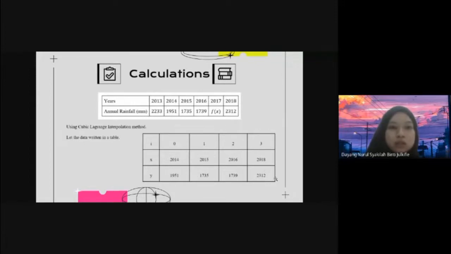Since it is cubic, we took around the 2017 years, which is only 4 data that we needed until the index of 3. So we took from 2014 to 2018. The x is for the years, and the y is for the annual rainfall in millimeters.